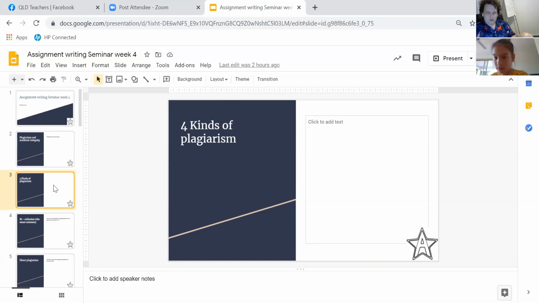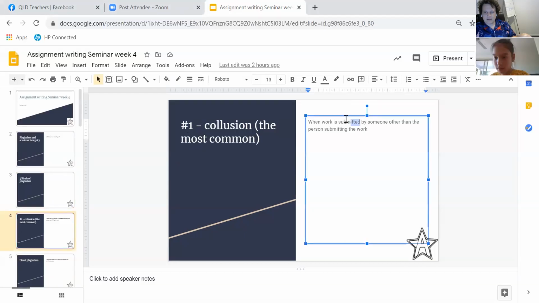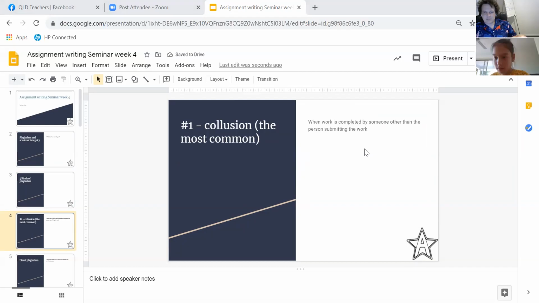Now, who completes the work that's supposed to be completed? Ever seen someone pay someone else to do their assignment, or students work on assignments together and they submit bits from each other's assignment? Or someone sends their assignment to someone else.